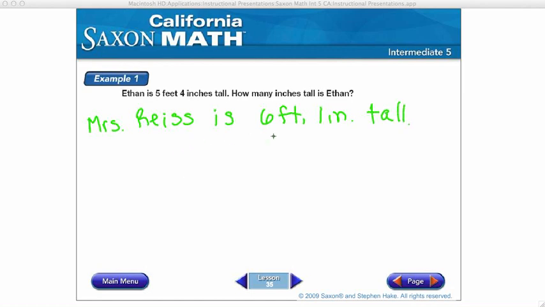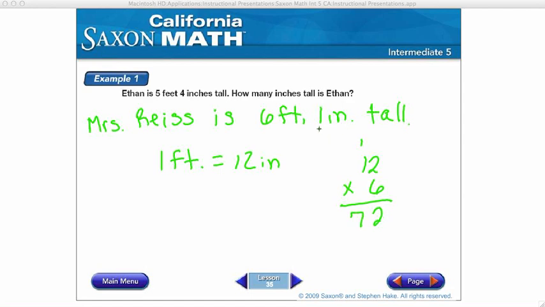Well, 6 feet, we know that 1 foot equals 12 inches. So I'm going to multiply 6 feet times 12. 12 times 6 is 72 inches.